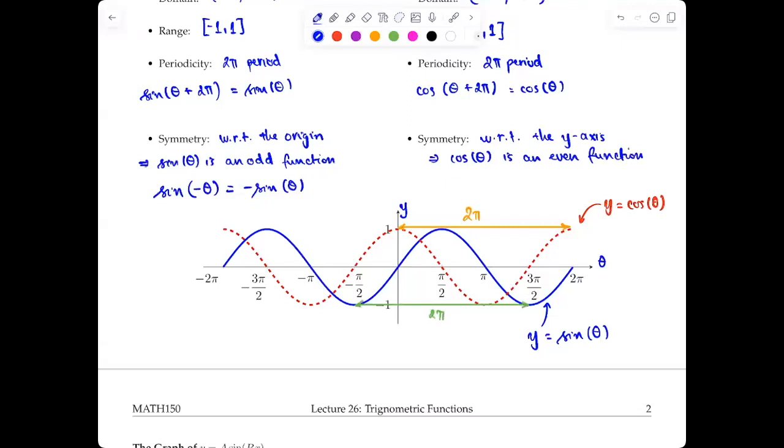And algebraically, you can describe an even function as cosine of negative theta equals positive cosine of theta.